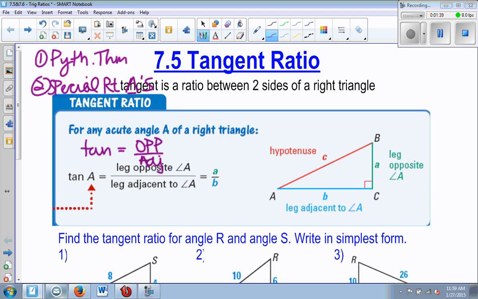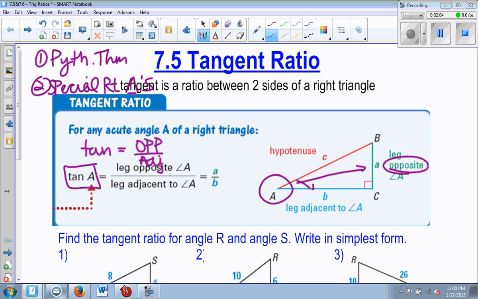Okay, so what you're going to do first is identify which angle you're trying to find tangent of. In this first case, you're trying to find tangent of angle A. So I usually circle the A, and then I label the sides based off of that angle. The side on the opposite side of the triangle is called the opposite side.